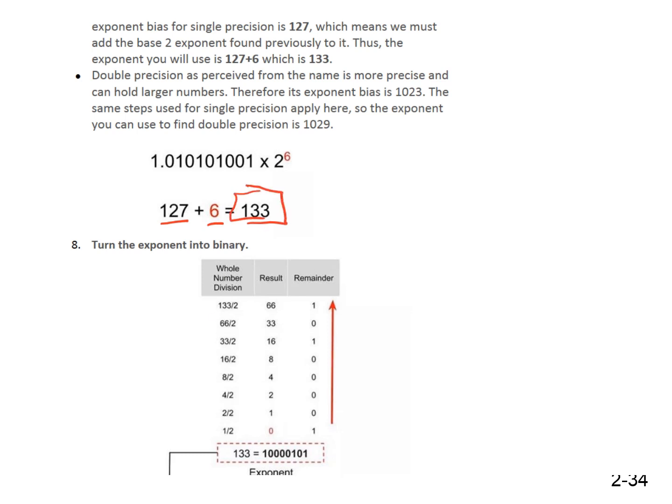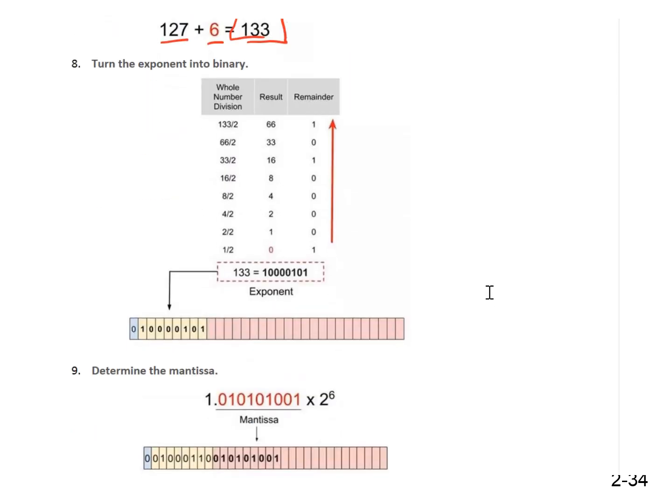And we need to convert that to 8 bits and place it there. The number was positive. There's our sign bit, and there is our 8-bit biased exponent.